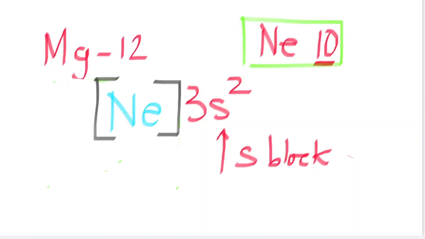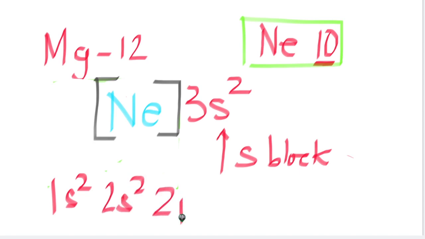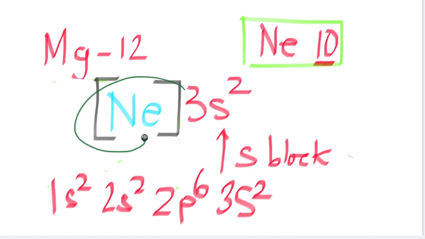Now I'd like you to consider the meaning of this. Writing the electron configuration of magnesium, not as 1s2, 2s2, 2p6, 3s2, but simply as neon in brackets, the neon core, as we say, plus 3s2, because you realize that all of this here belongs to neon.